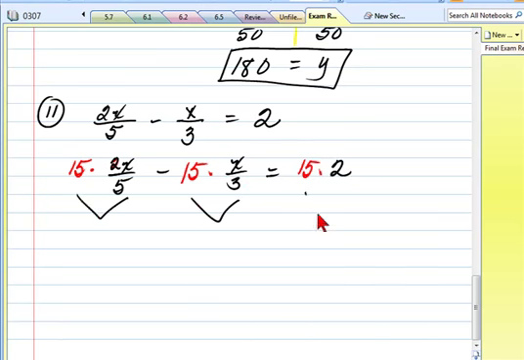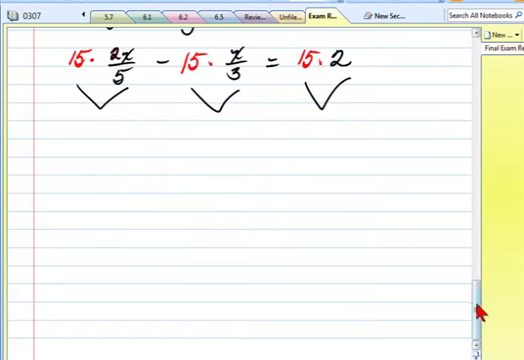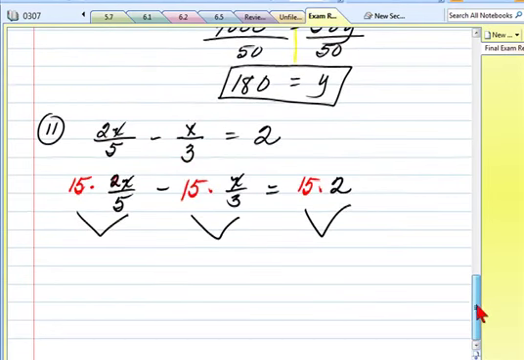Now, I need to simplify each one of those products a little bit. All right, the 15 is really over 1, so what happens? 15 goes in there once, 5 goes in there once, 5 goes in there 3 times. 3 times 2x is 6x minus. The second red 15 is over 1. 3 goes in there once, 3 goes in there 5 times.